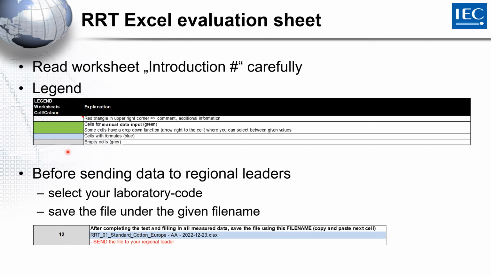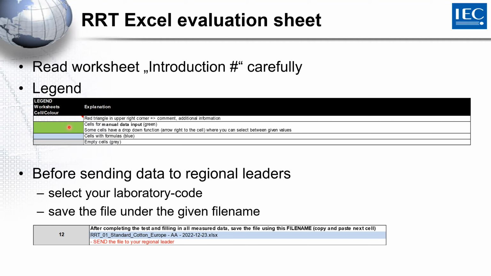To understand the different worksheets, there is something which is similar in all the worksheets. That means if you see a red triangle in the upper right corner here, then there is an additional comment or information to understand better what is meant with this column or with this cell. Green cells are always used for data inputs.